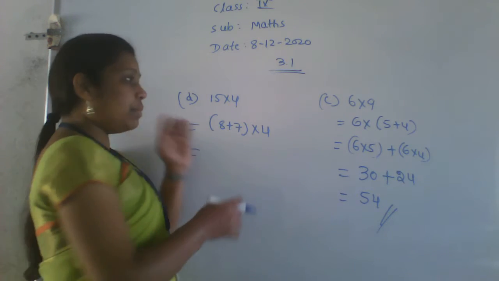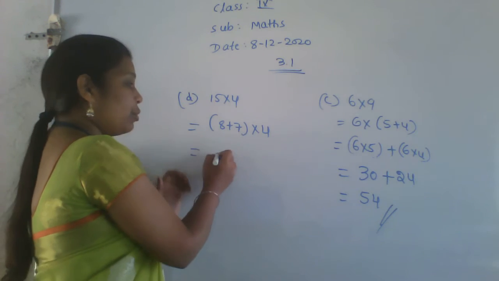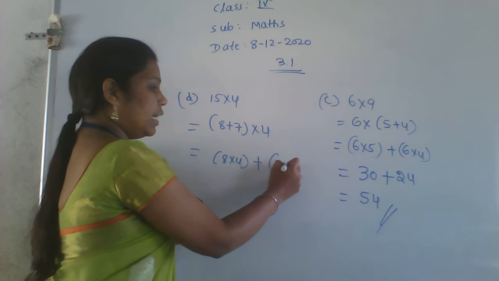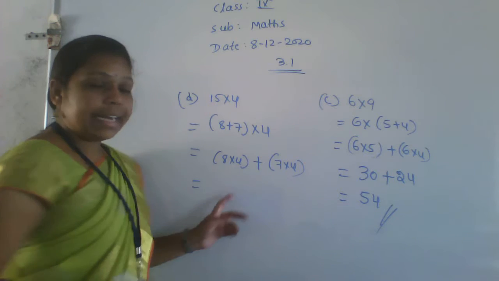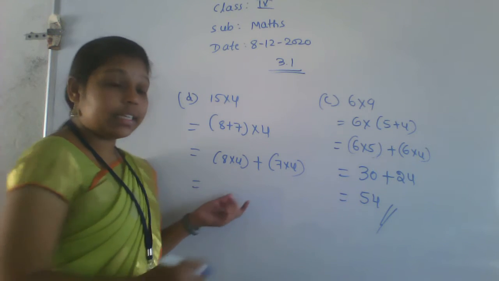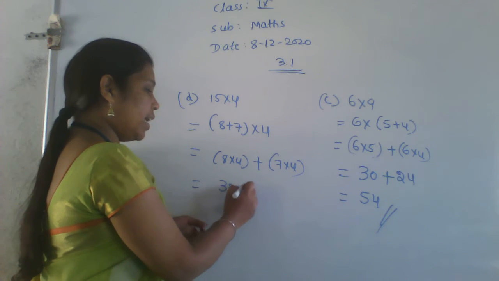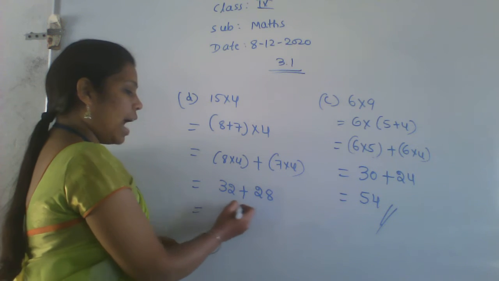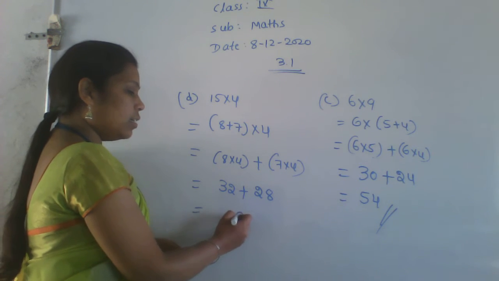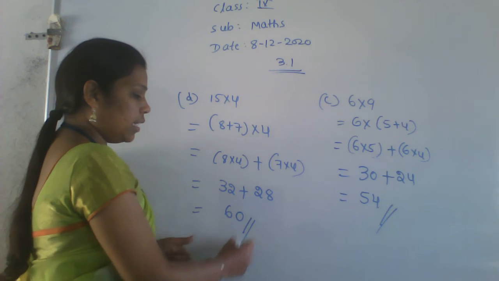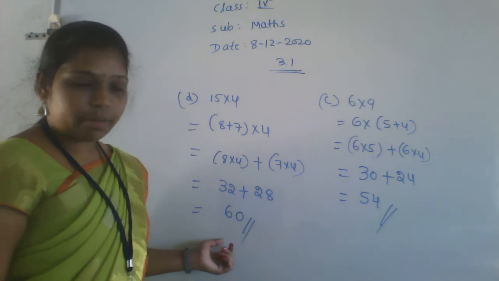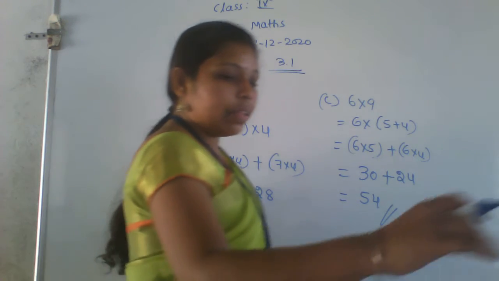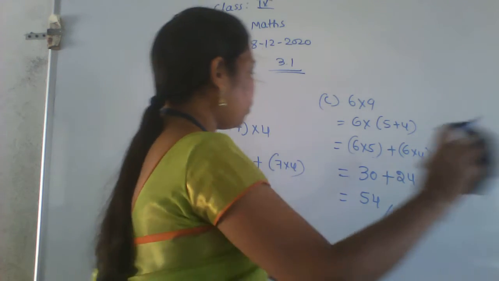So break up that one here. 8 into 4 first. 8 into 4 plus 7 into 4. 8 into 4 is 32. Next, 7 into 4 is 28. Now add here. That is 60. Answer is 60. 15 into 4 is how much? 60, right?